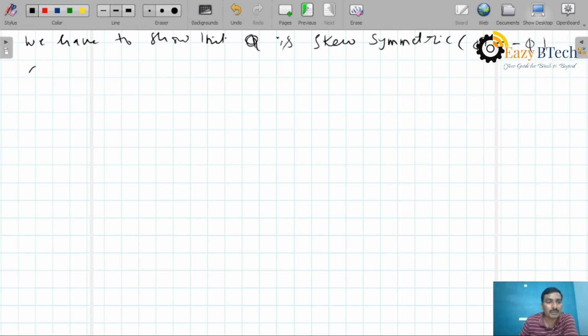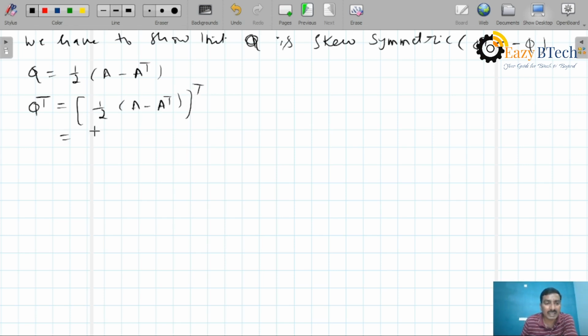Therefore, what is Q? Q equals 1 by 2 into (A minus A transpose). This is Q. Now we require Q transpose. Q transpose means 1 by 2 into (A minus A transpose) whole transpose.